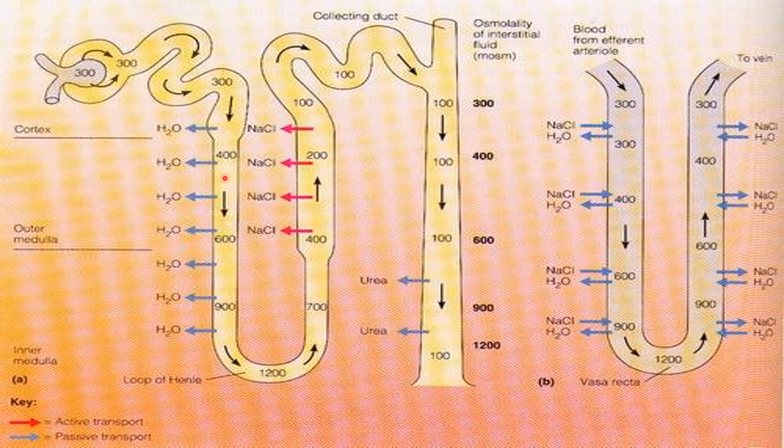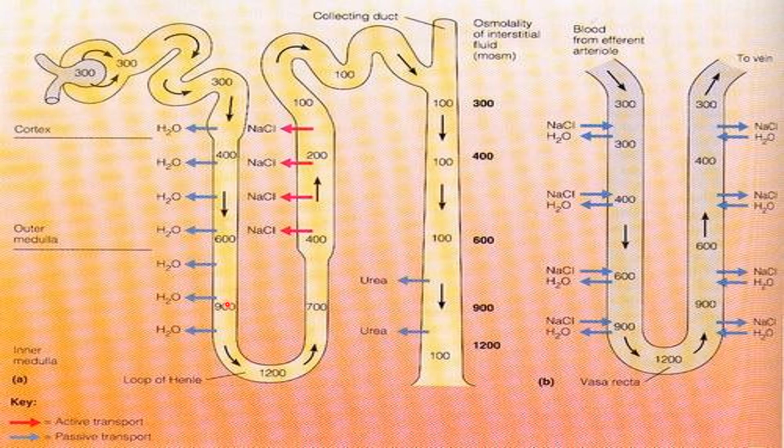Here you are seeing that the number of salt molecules is increasing, let's suppose from 400 to 600, and then 600 to 900, and at the same time the water is moving out of the limb.